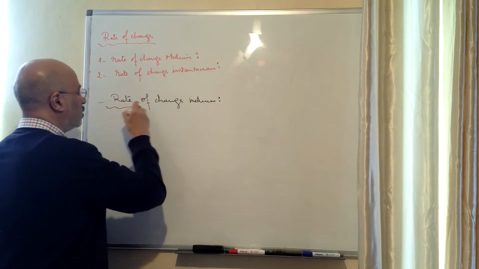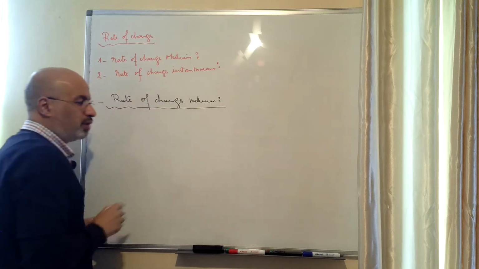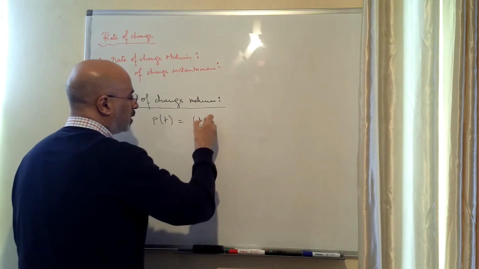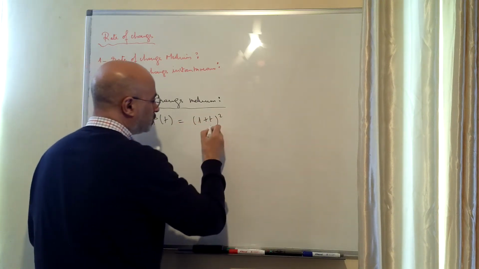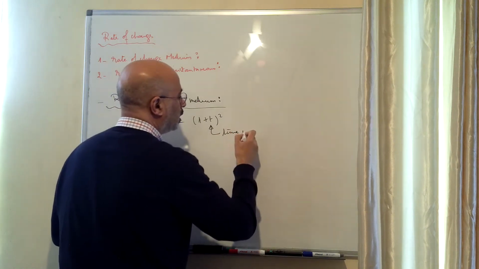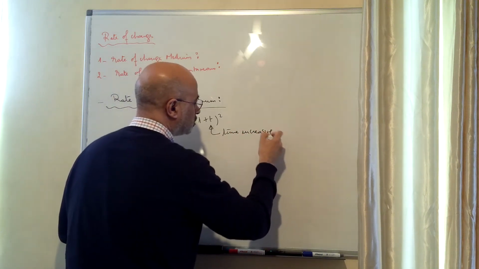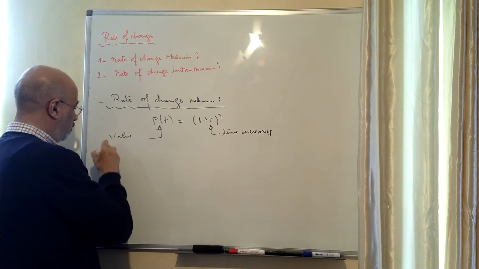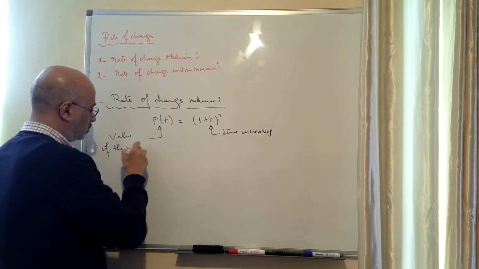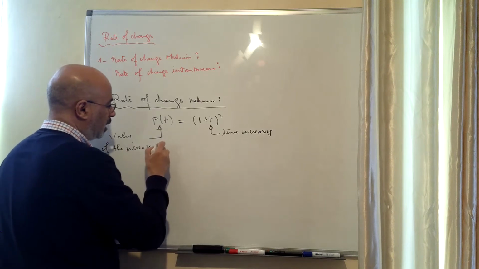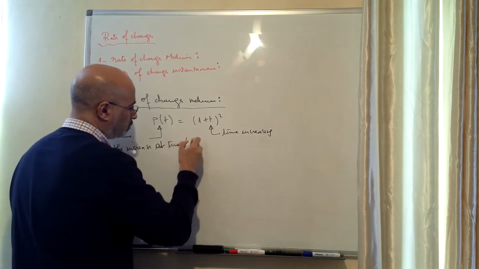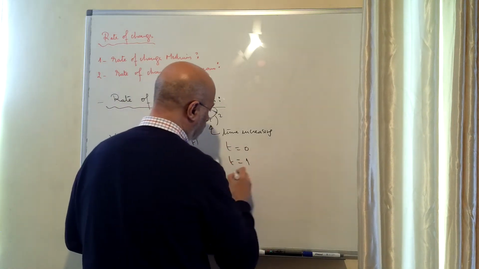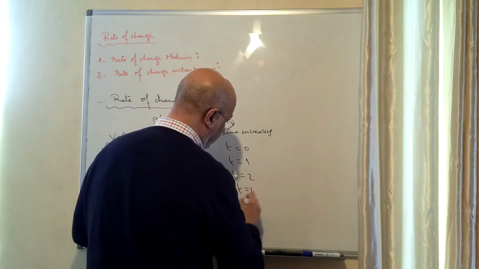We have an increase of bacteria following the function P(t) = 1 plus t squared, where t is the time and P is the value of the increase at time t. For example, we take t equals 0, 1, 2, 3, and 4.